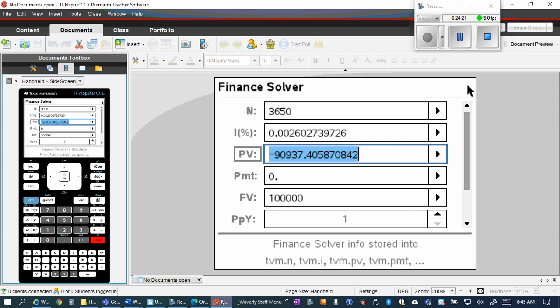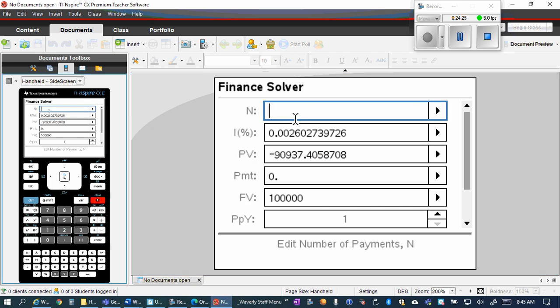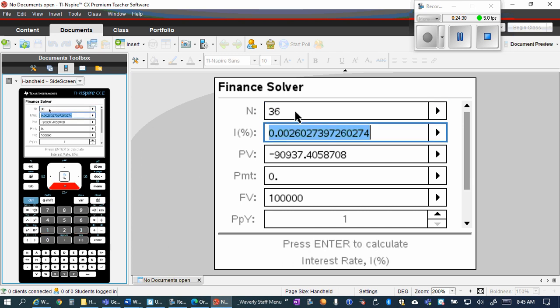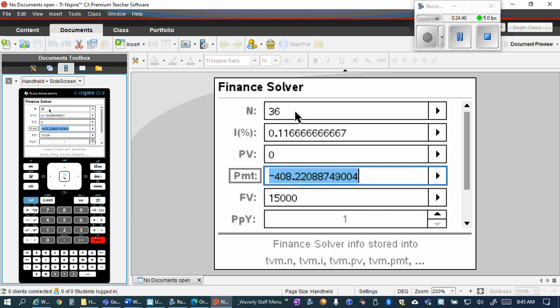So 3, 4 divided by 12, 0 for that, 15,000. And there you go, it's negative. You good with that? Pretty handy little feature, isn't it?